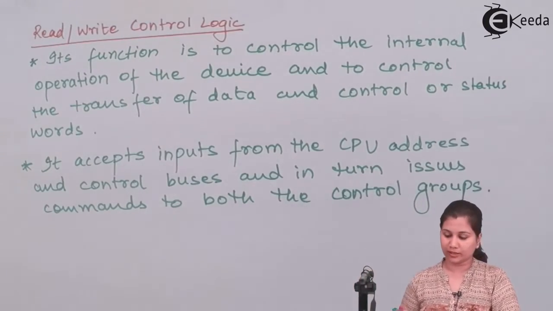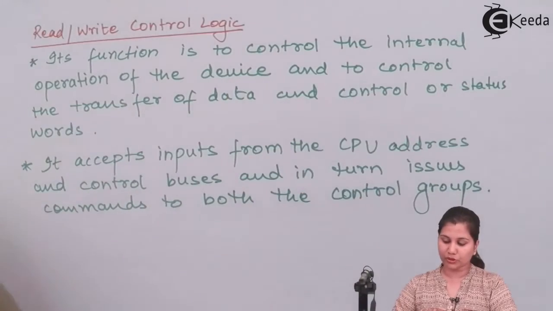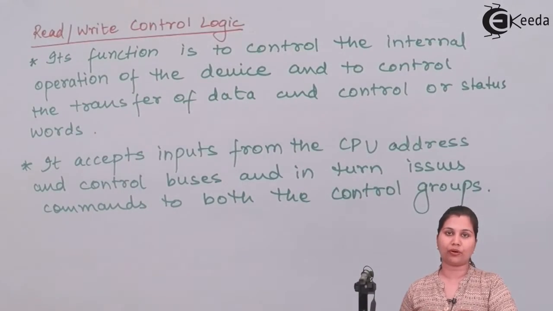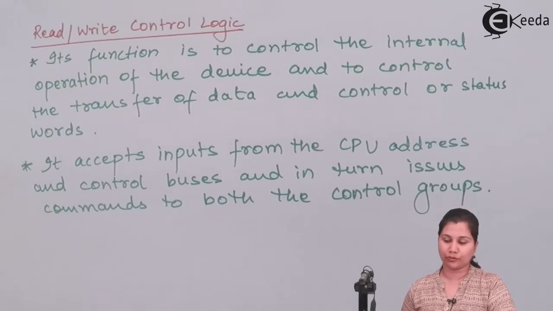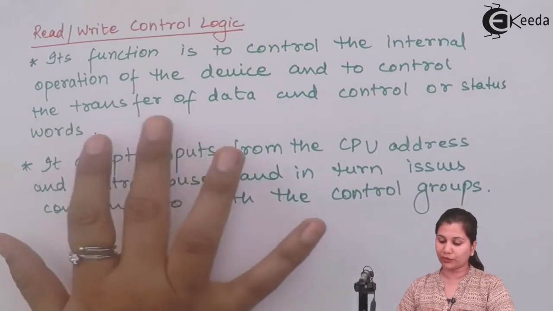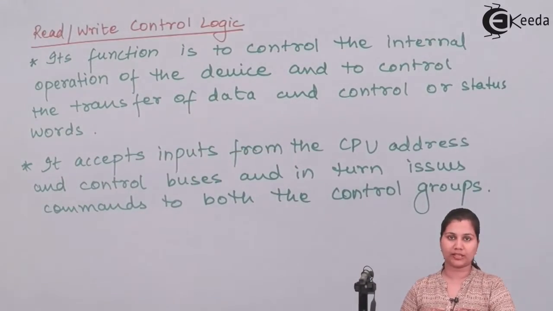So the function of this read and write control logic is to control all the functions performed by the chip 8255, that is, to control the internal operation of the device and to control the transfer of data and control or status words.